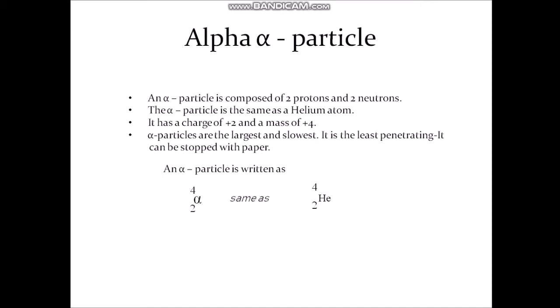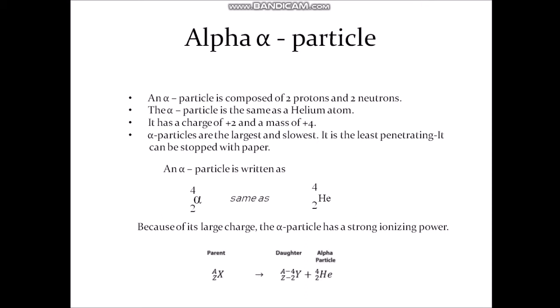It is also written as helium 2 4, because the alpha particle, as we mentioned, is the same as a helium atom. Because of its large charge, the alpha particle has a strong ionizing power. So that is the alpha particle.